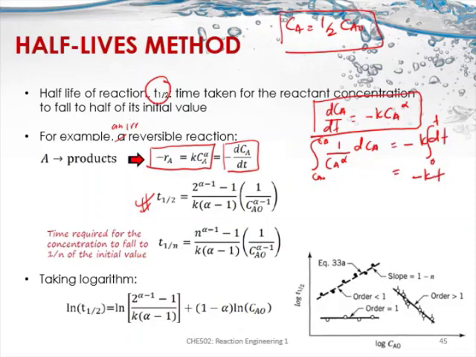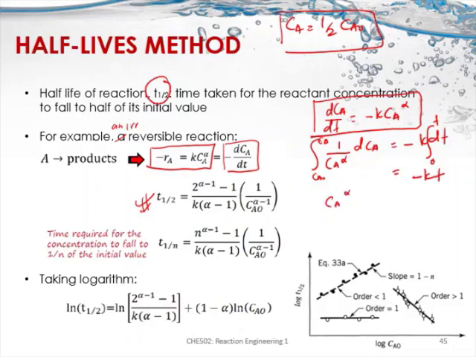For the left hand side, it takes a lot of steps because you have alpha here. So you may present it in a different form. Ca to the negative alpha.